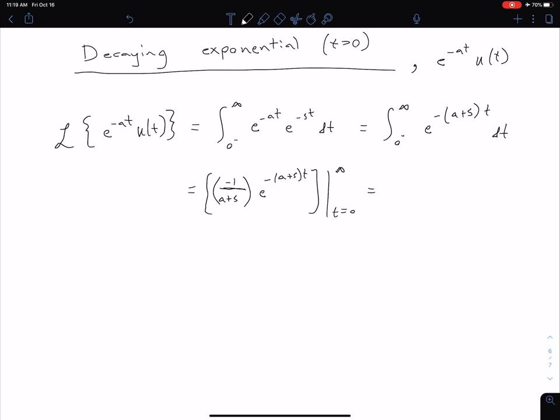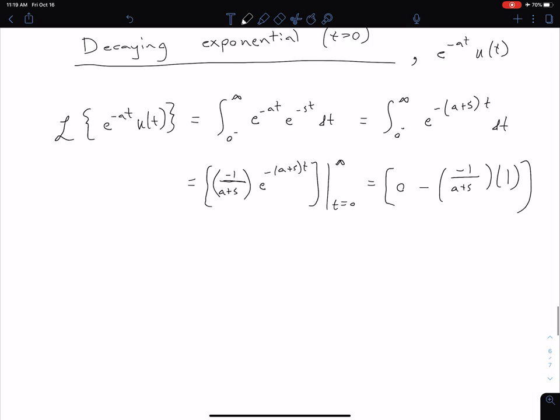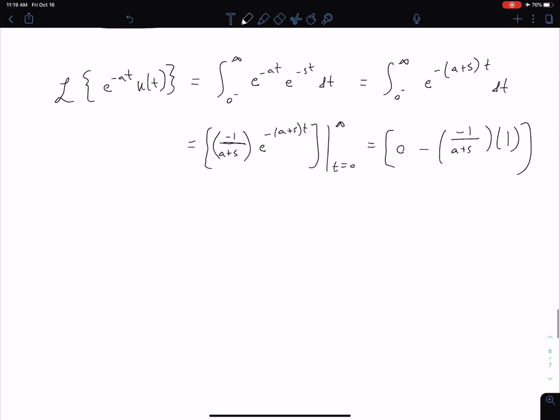Plugging in those values, at t equals infinity, again, we have e to the minus infinity, which is going to give us 0, minus, and then we evaluate at t equals 0, and again, that exponential term e to the 0 is just going to be 1. So we're going to have negative 1 over a plus s times 1.